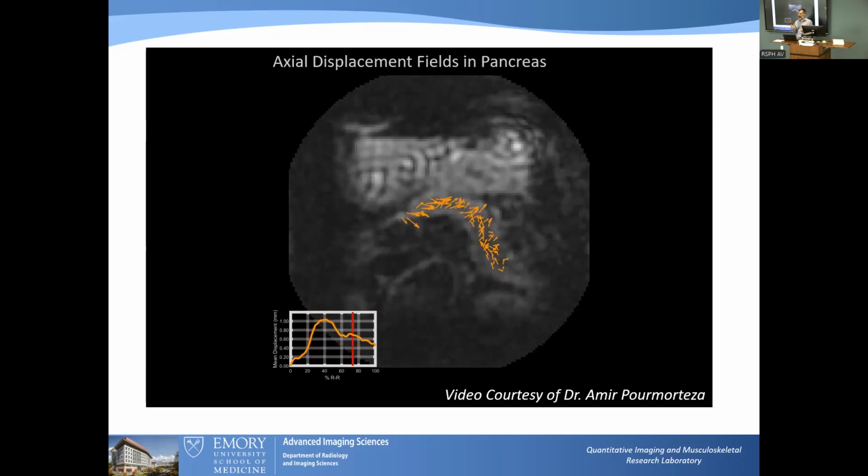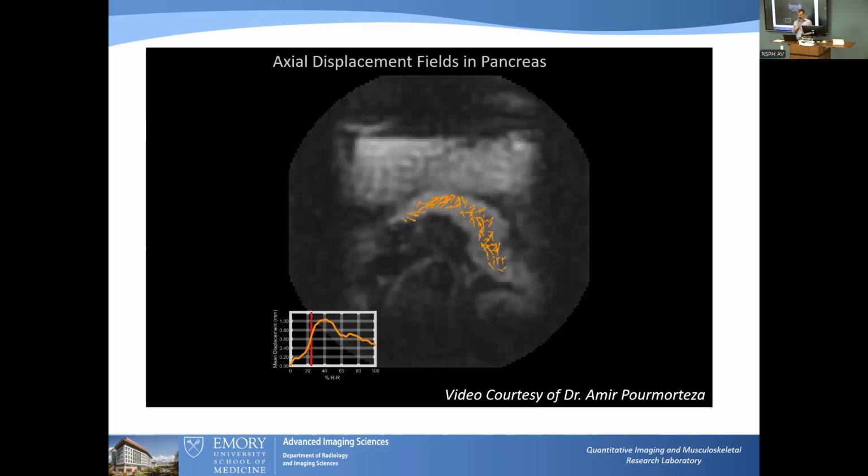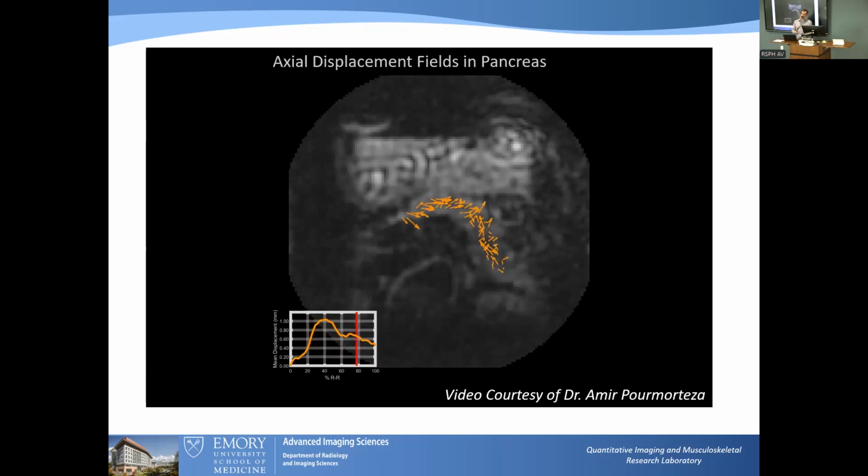So you can appreciate, even if we eliminate respiratory motion, that there's a significant amount of motion on the scale of millimeters of travel of each individual interior point of the pancreas. And that can really be folded into these quantitative measurements and make it challenging.